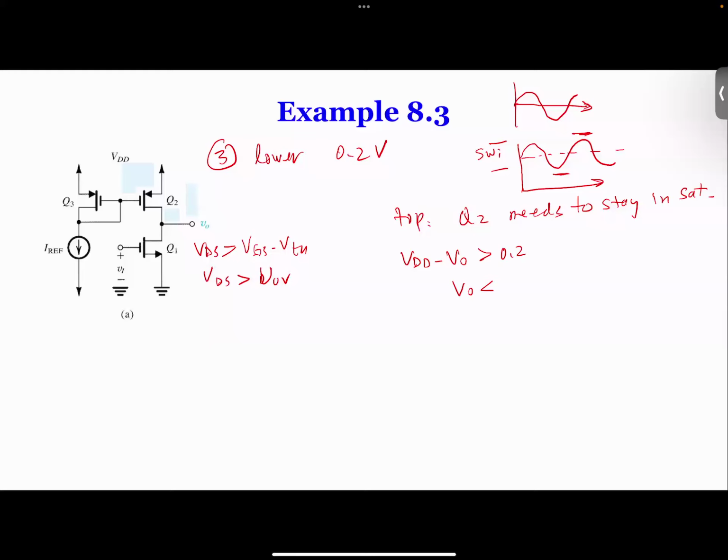So VO has to be less than VDD minus 0.2, which is equal to 1.6 volts. So our swing is going to be from 0.2 to 1.6 volts.